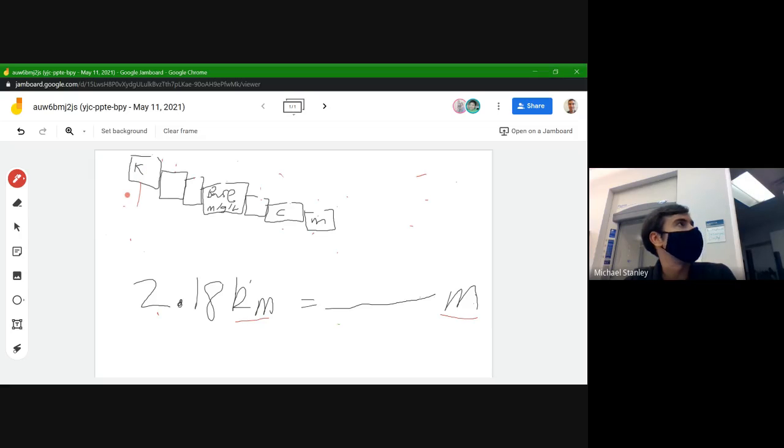So this is going to be our starting point. And then if we are going to meters, what is our ending point going to be? Base unit. Base unit, exactly. Meters are a base unit. So here is our ending point.